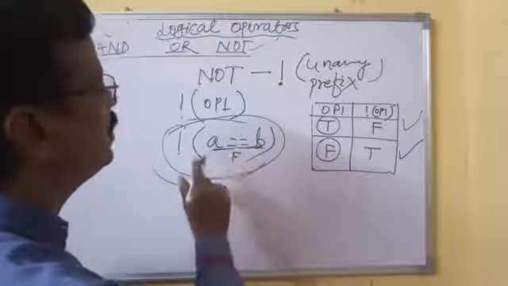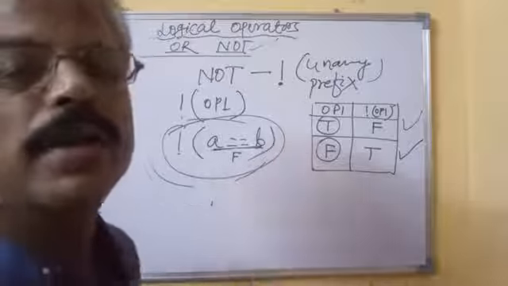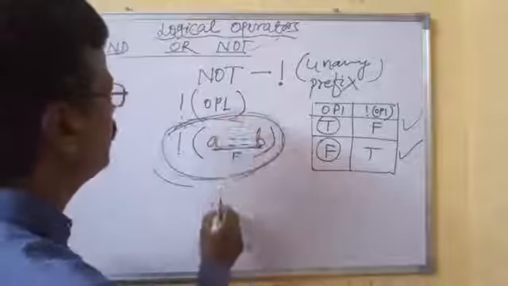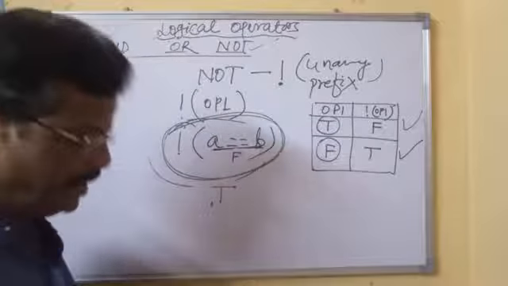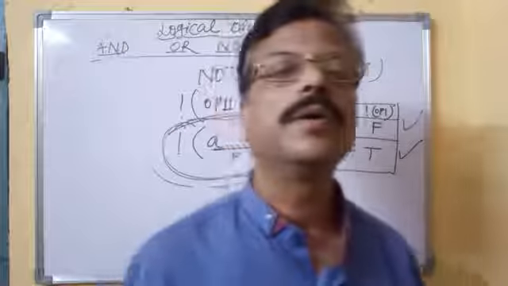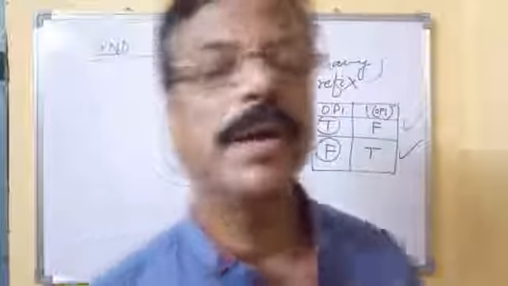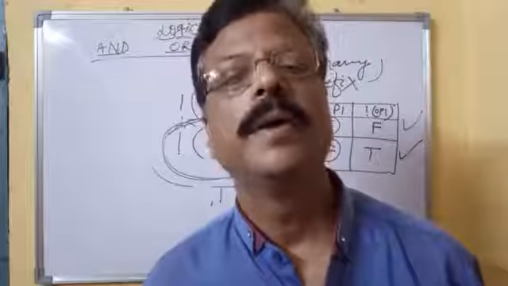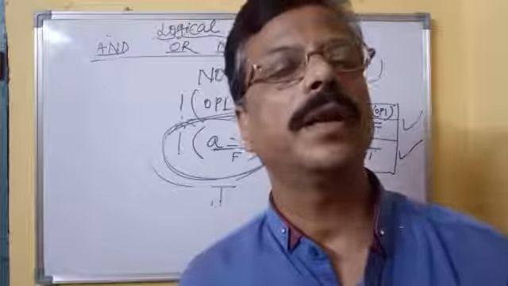Suppose A value is not equal to B, then as a whole the answer is true. So these three are the logical operators: not, or, and and. Okay, so this is all about this class.